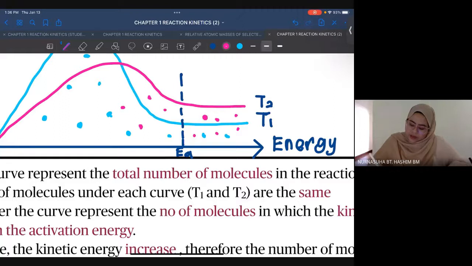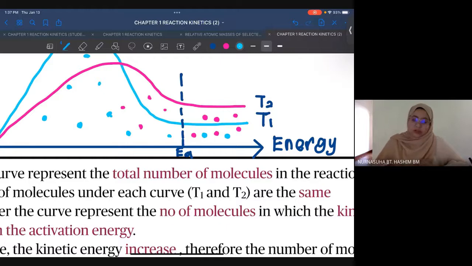Untuk warna pink ni 1, 2, 3, 4, 5, 6. So when we increase the temperature, there's 6 molecule have EA or greater than EA. While before we hit the molecule tadi, we only has 2 molecule.